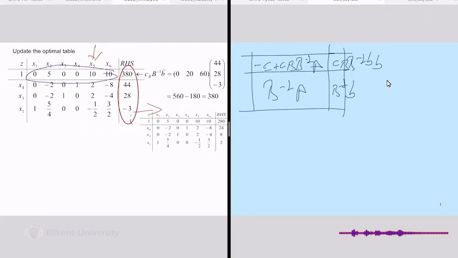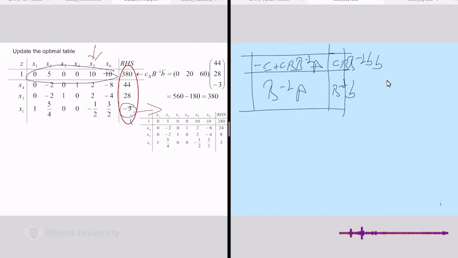This means I can utilize dual simplex. If you remember from Monday's lecture, that is when you can apply dual simplex, right? In the dual simplex, we were determining the leaving variable first. So this -3 guy is the one that we're trying to kick from the basis, so this will be my leaving variable.